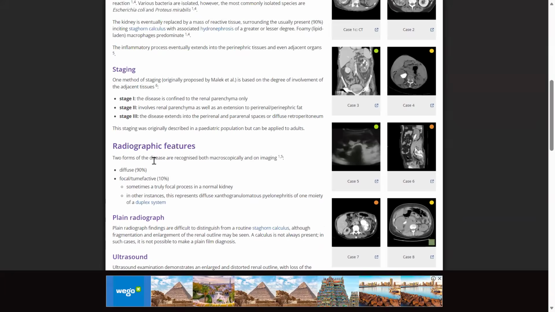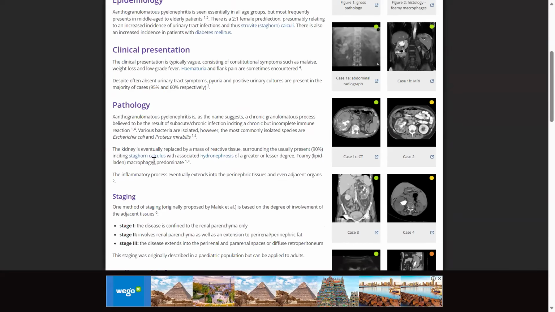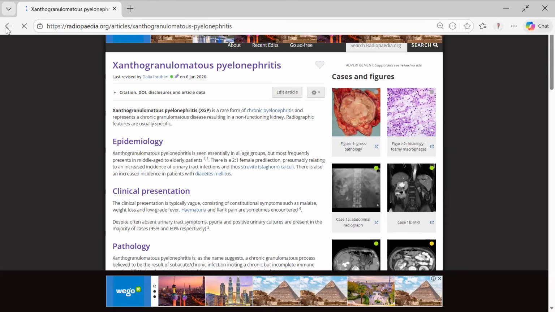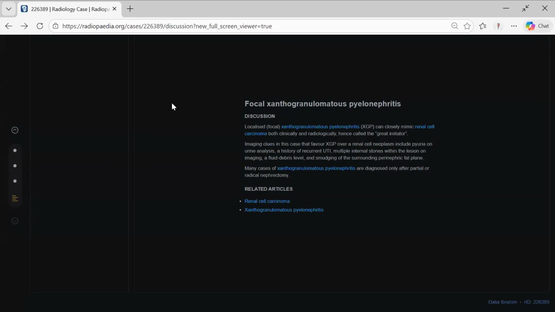I don't know if xanthogranulomatous may lead to carcinomatous changes or not, but at least it is a very bad source of infection. Anyway, the moral from this case is to be logical, to be wider when you are enumerating your differential, especially when you find something suggestive.